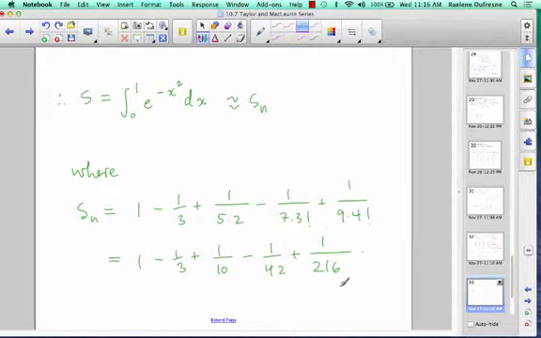We'll leave it at this point, although we could get a common denominator and simplify this result as a rational number.